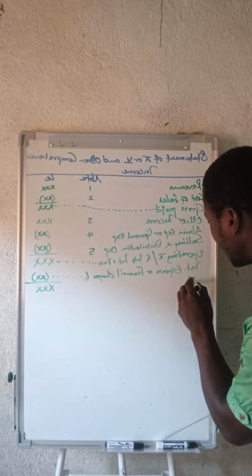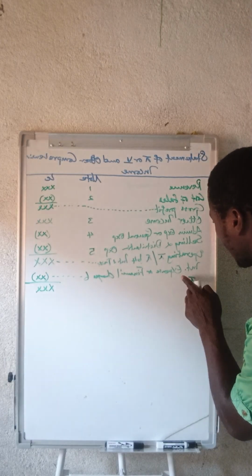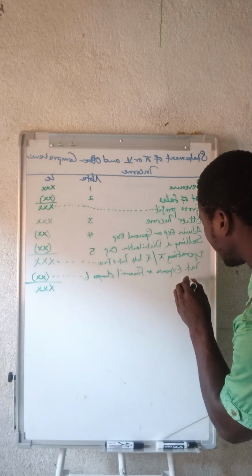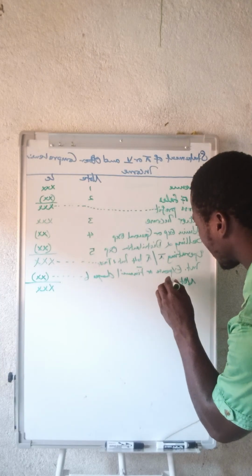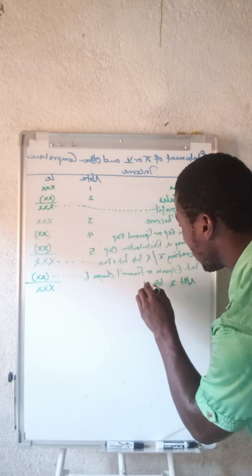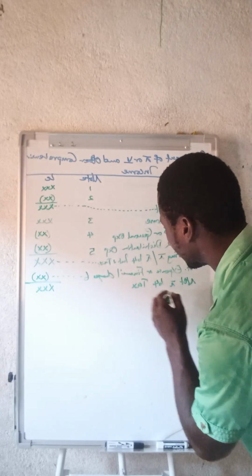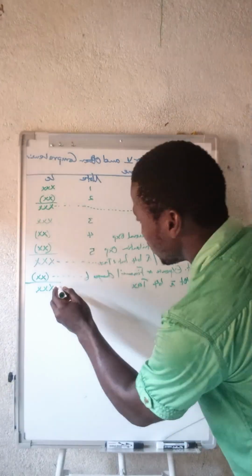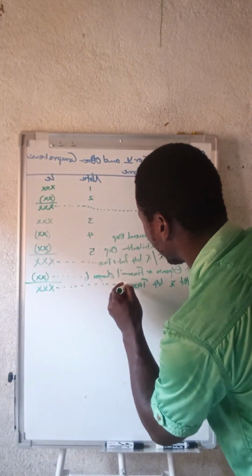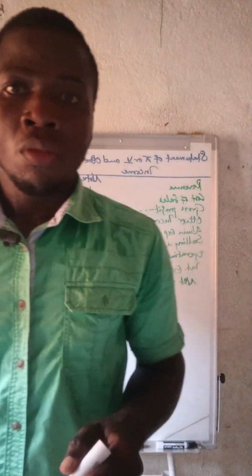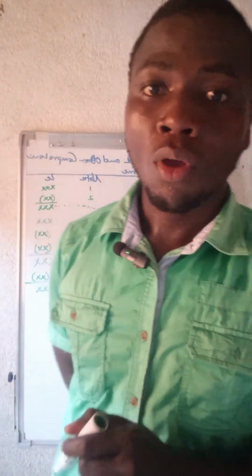We now have net profit before tax. After the deduction of our interest expense or financial charges, we now have net profit before tax.